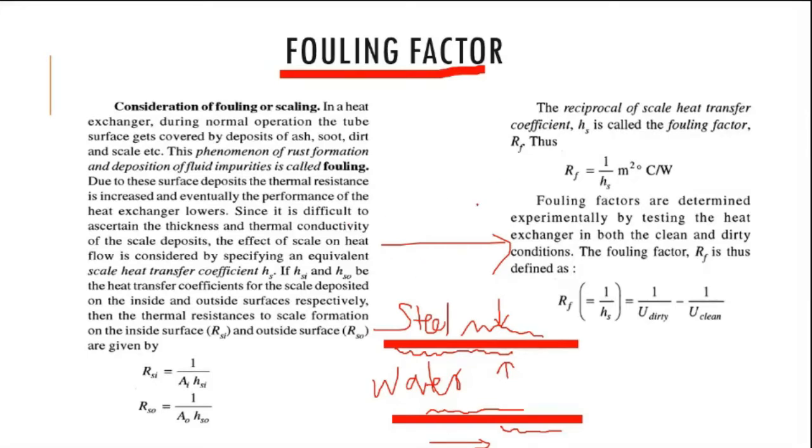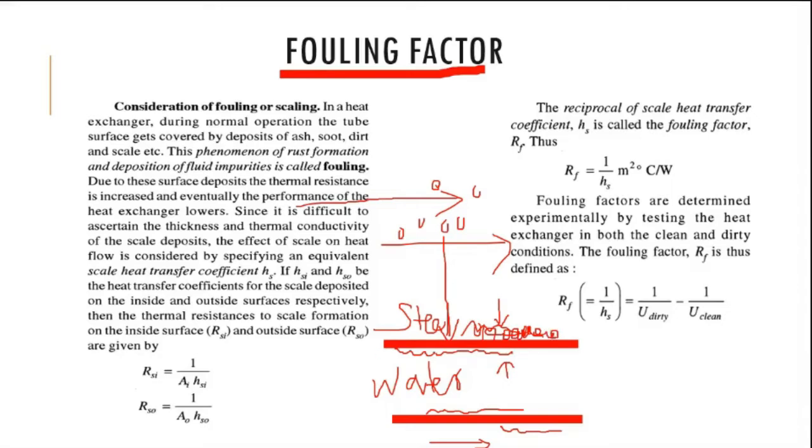There can be various reasons for the deposition. One can be biological, for example fungus or algae formation. It is possible that rusting of the pipe has taken place, or we can say that corrosion has taken place. Or it is also possible that the fluid flowing is carrying some impurities with it, and as the fluid flows, these impurities deposit on the surface of the pipe, or sedimentation has taken place.